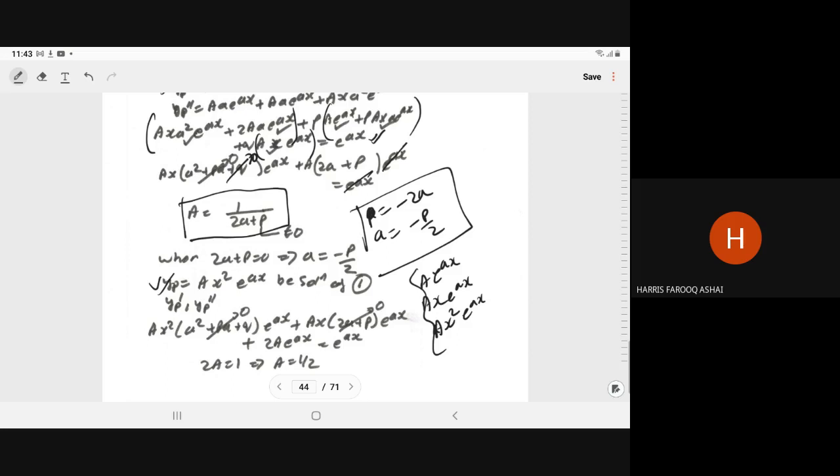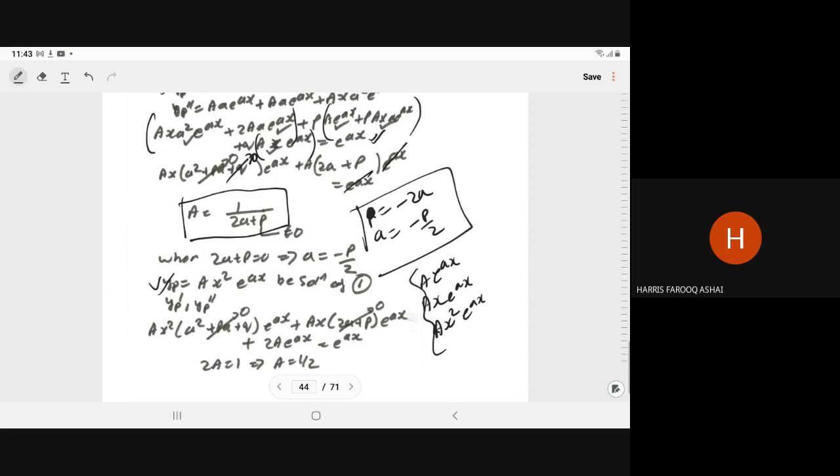So here in the bracket we have a square plus pa plus q, and 2a plus p. Naturally, we are taking this substitution only when a square plus pa plus q is equal to 0 and 2a plus p is equal to 0. Then only we are taking this.